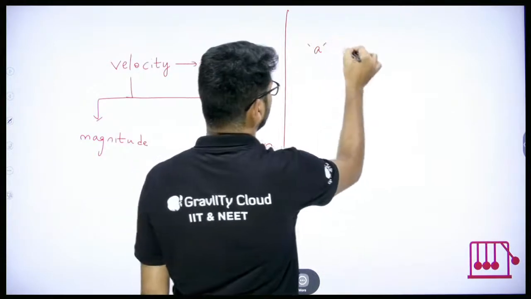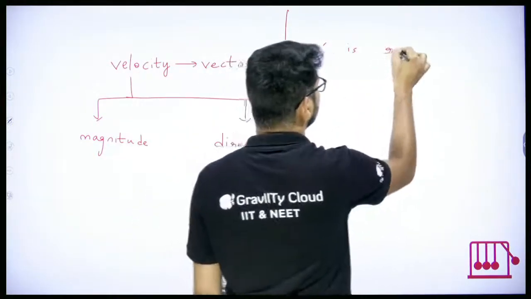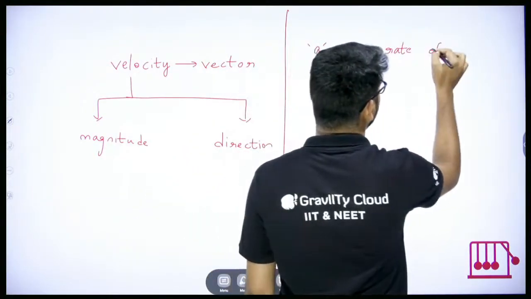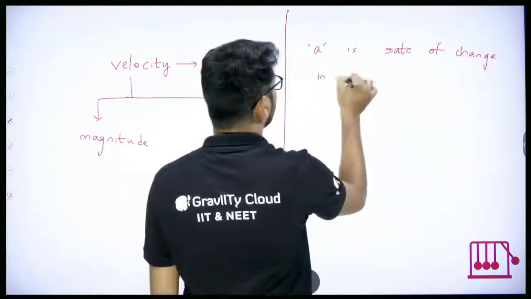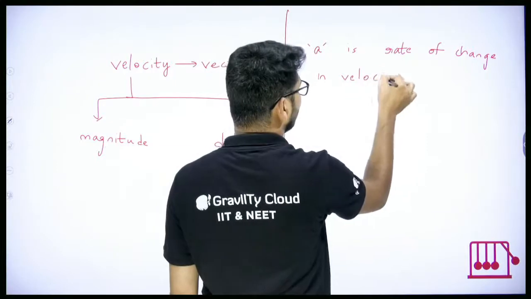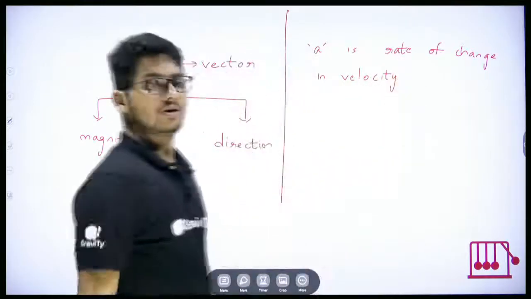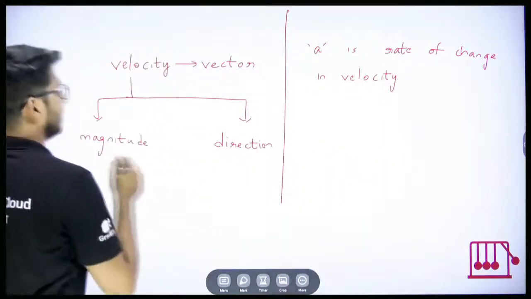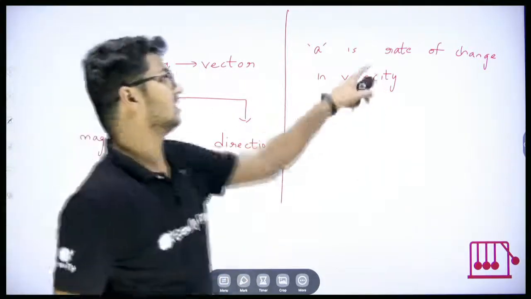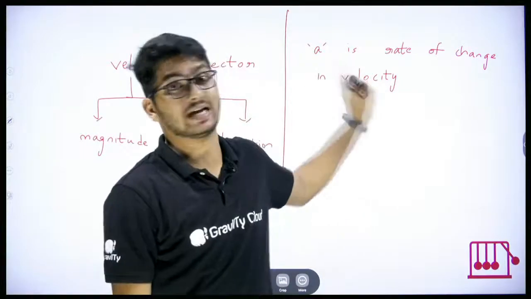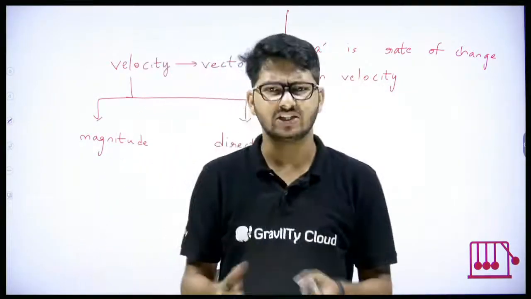Acceleration, I'll just call it A, is defined as rate of change in velocity. Look at this. So whenever velocity changes, there will be acceleration, because acceleration is the rate of change in velocity.